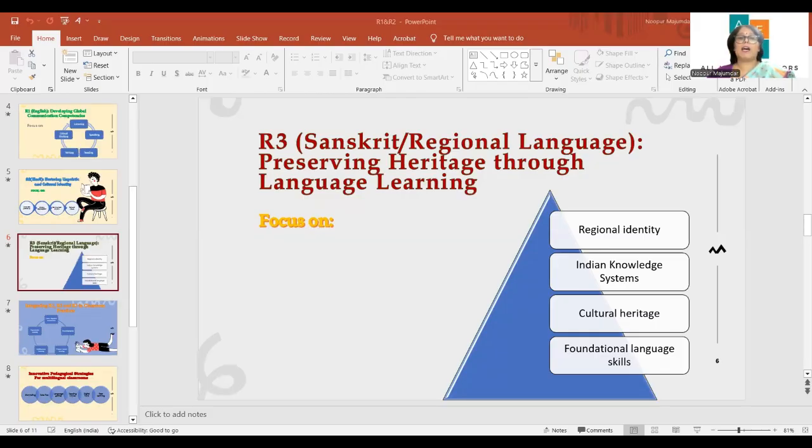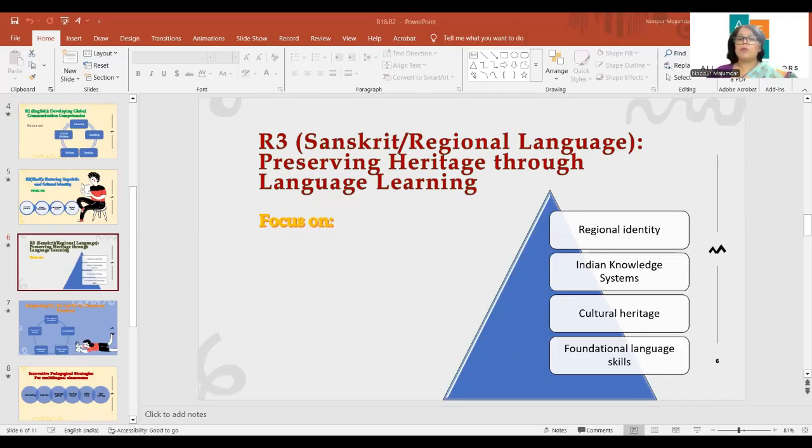R1 develops global communication skill, R2 strengthens linguistic and cultural identity, and R3 connects learners with India's rich culture and heritage. Together these three languages create well-rounded, multilingual learners prepared for both national and global levels, right?